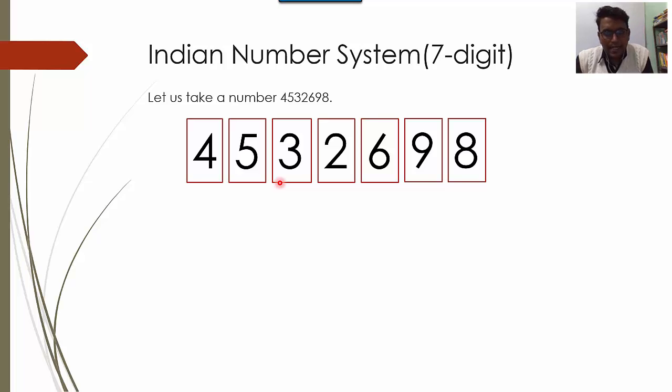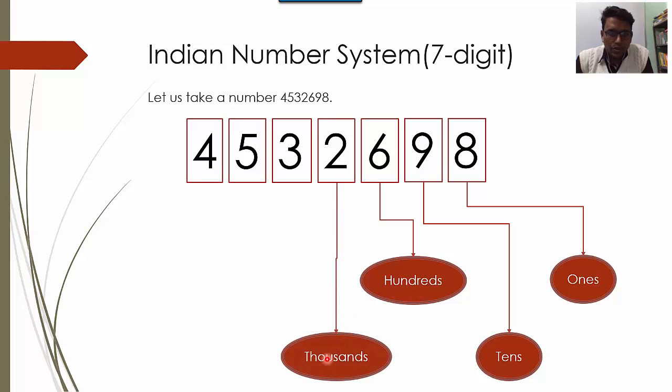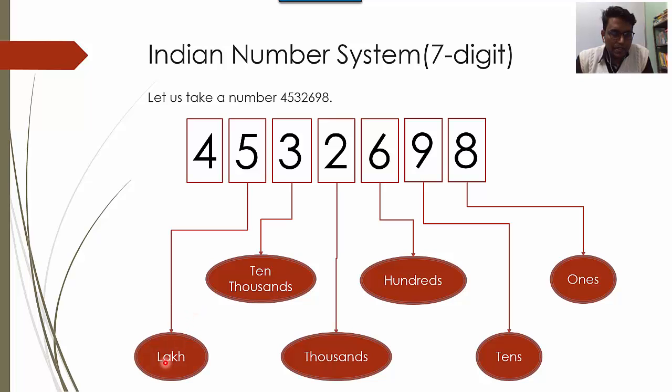To understand that, let us first see the place values of these numbers. Starting from 8, 8 is at ones place, 9 is at tens place, 6 is at hundreds place, 2 is at thousands place, 3 is at 10,000s place, 5 is at lakhs place, and 4 is at 10 lakhs place. So what we do is we make certain groups.